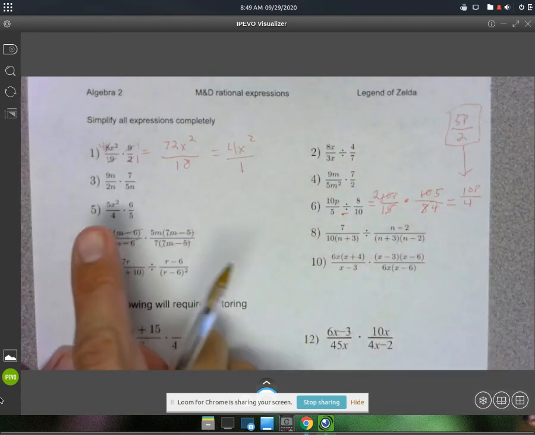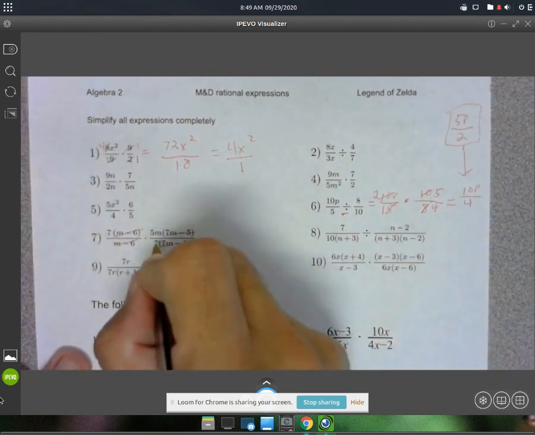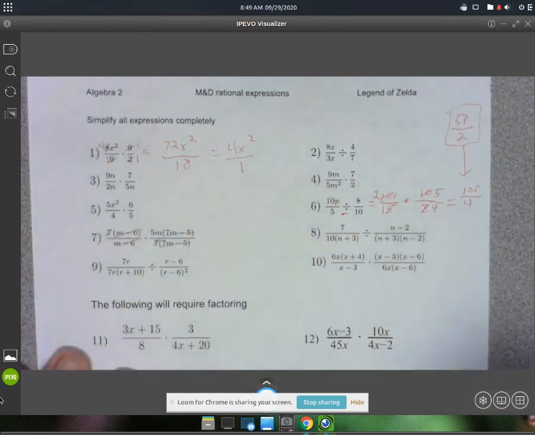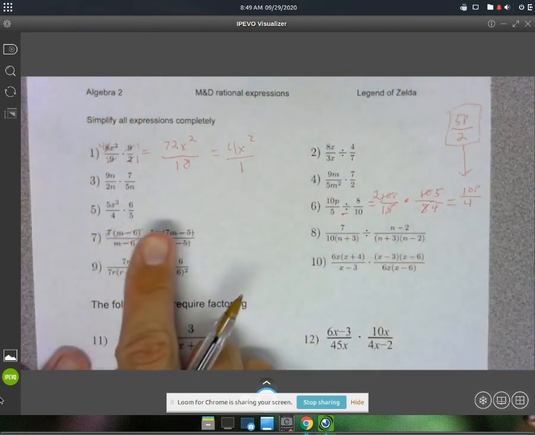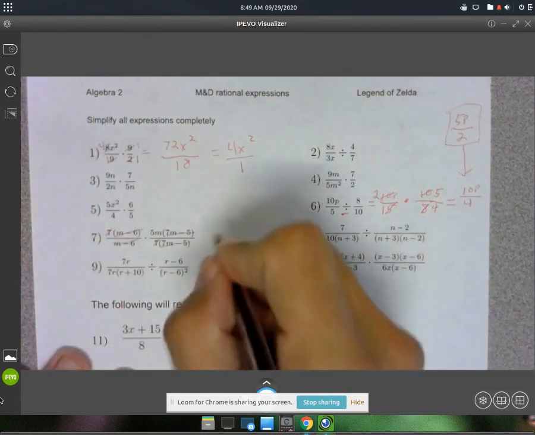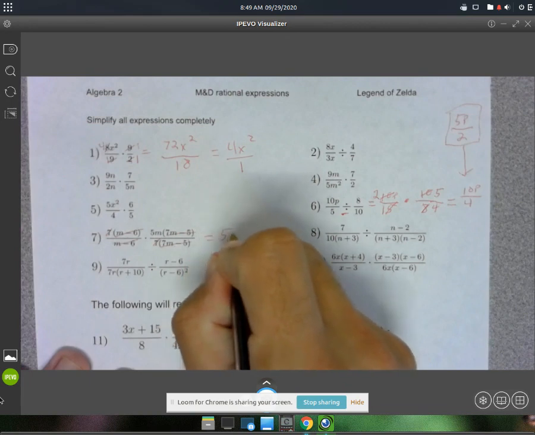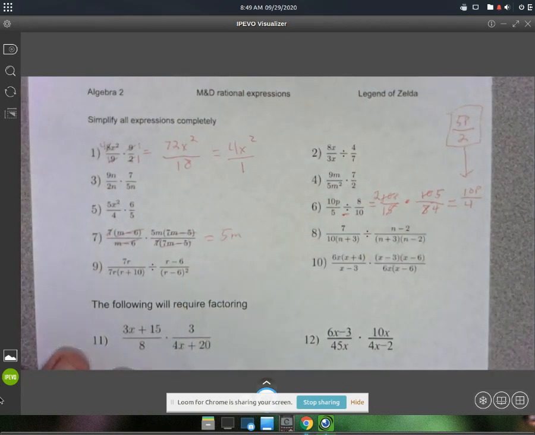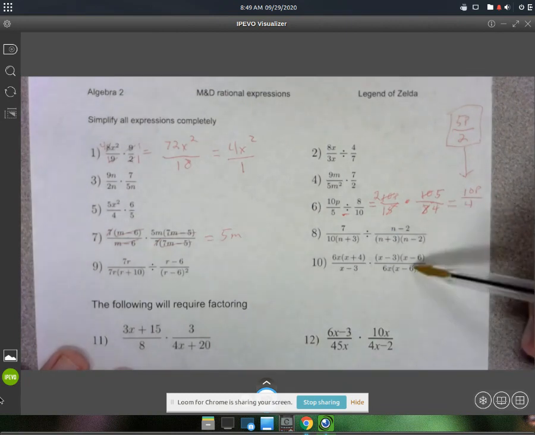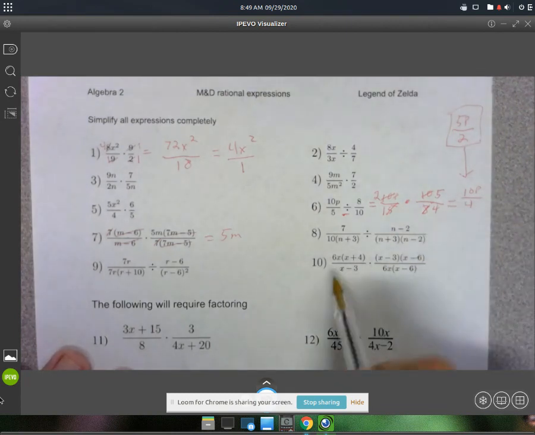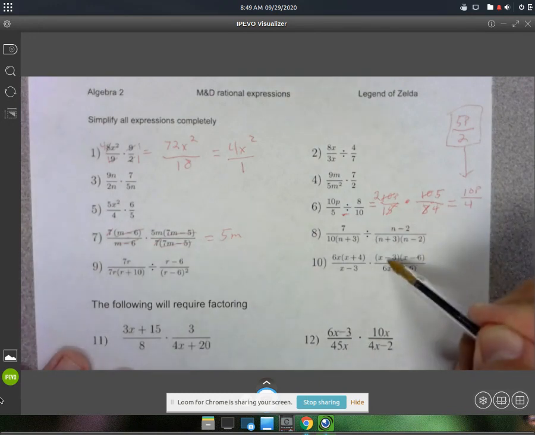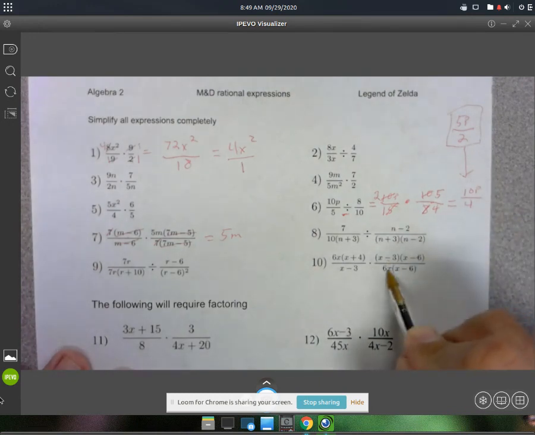And then the 7 can cancel with that 7, diagonal from it. So the only thing you have left here is a 5m up top. And that's it. So like on number 10, you could cancel that one with that one if you wanted to. And then you could cancel the x minus 3 with that x minus 3. And that 6x with that 6x.